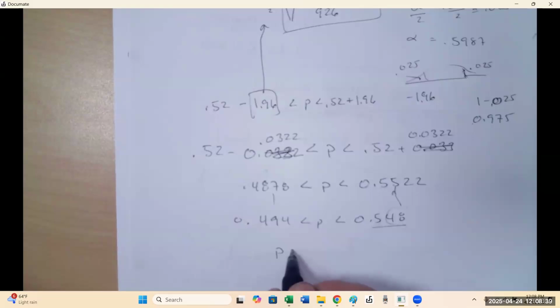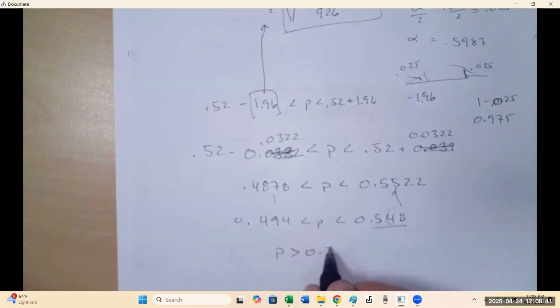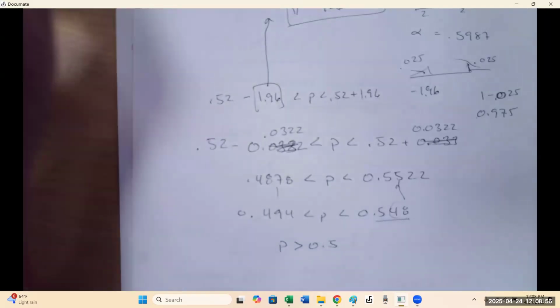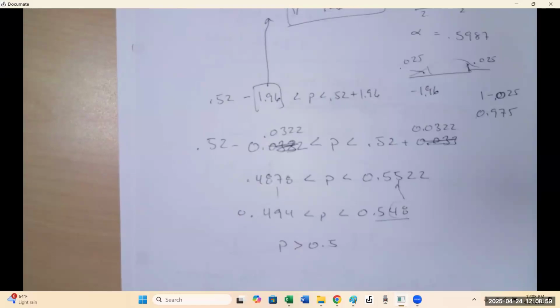And since our p-value, we said, is going to be bigger than 0.5, that was our claim. So what's our conclusion? What was our test value?